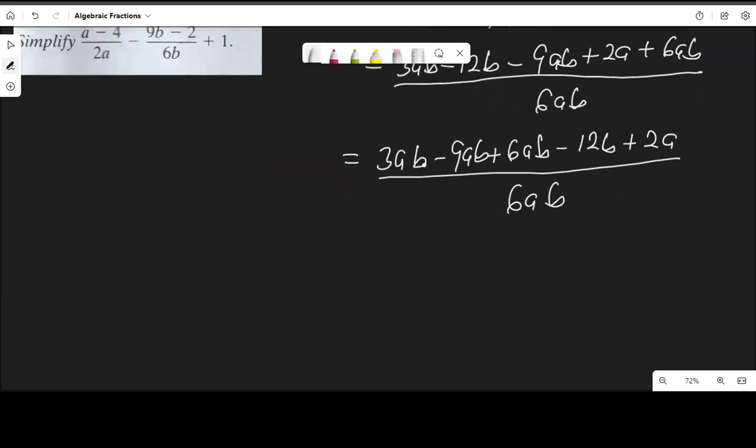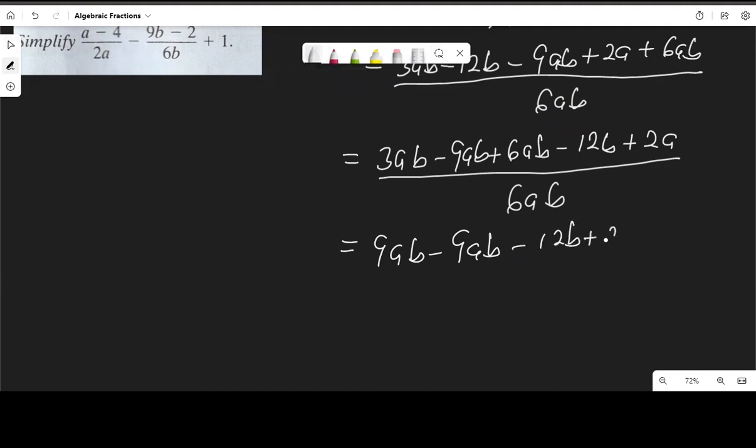And let's add the positive first. 3ab and 6ab are positive. And when you add 3ab to 6ab, that is 9ab. So 9ab minus this 9ab here, minus 12b plus 2a over 6ab.